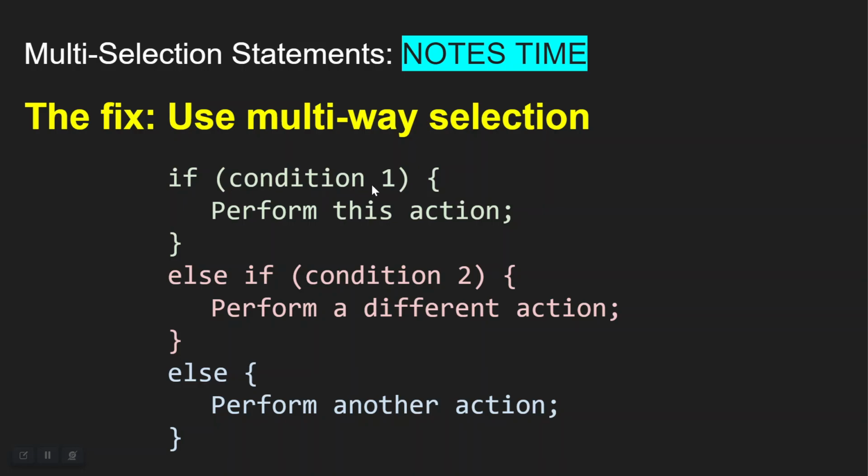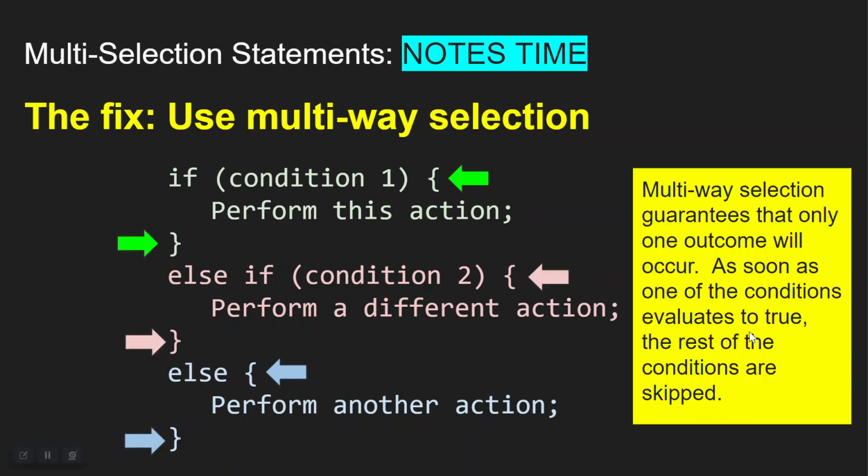And if it doesn't pass condition 1 and it doesn't pass condition 2, then you are guaranteed to get the output from whatever is in the else category. And take note that if has its own set of curly braces, else if has its own set of curly braces, and then the else section also has its own set of curly braces.